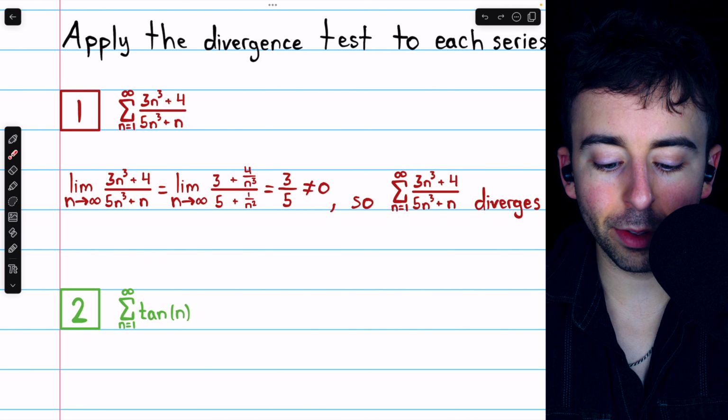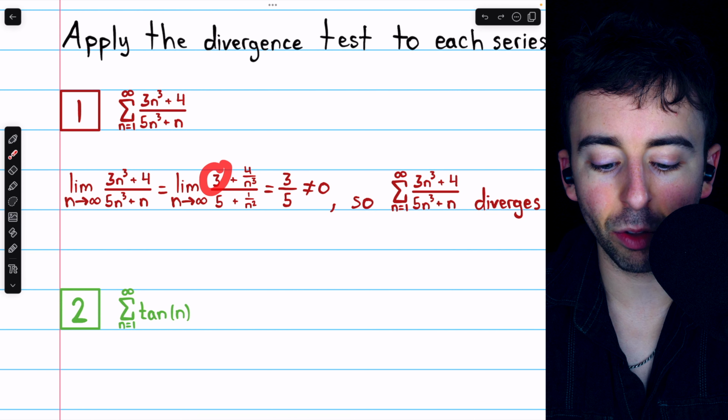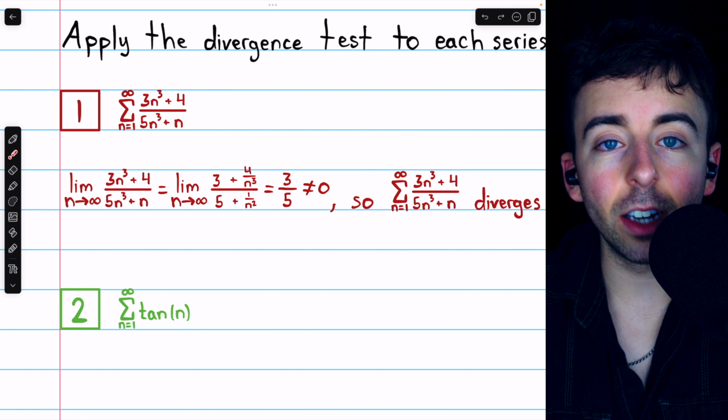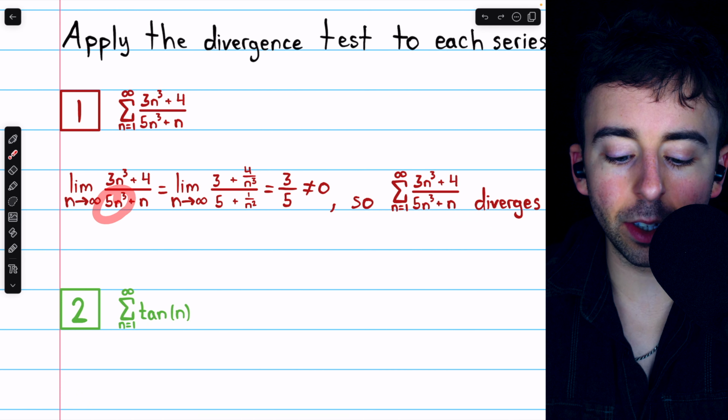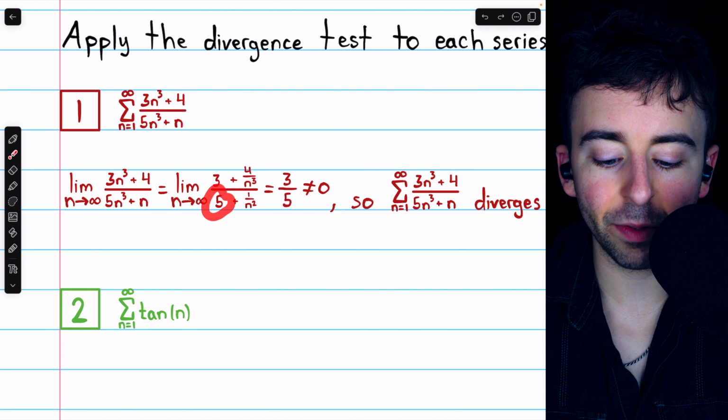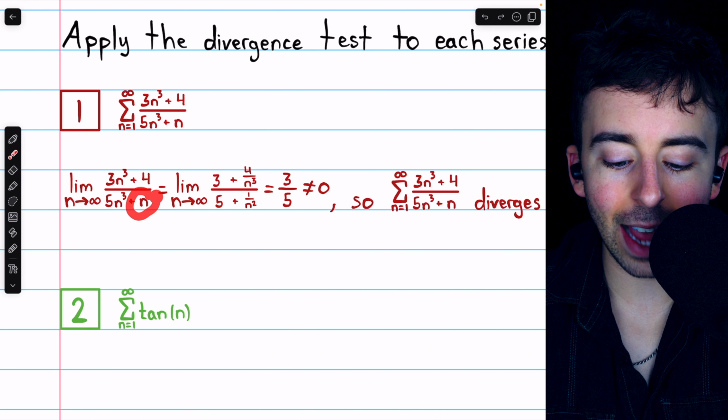In the numerator, 3n cubed divided by n cubed is 3, and 4 divided by n cubed is 4 over n cubed. In the denominator, 5n cubed divided by n cubed is 5, and n divided by n cubed is 1 over n squared. Now as n goes to infinity, this and this both approach 0.